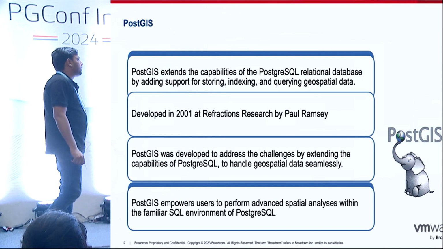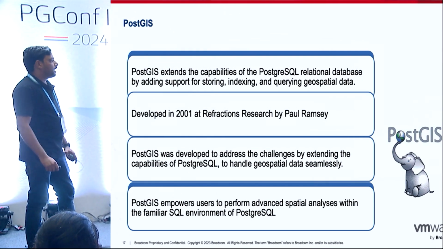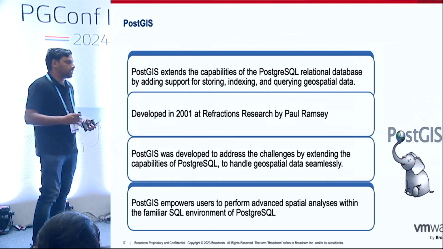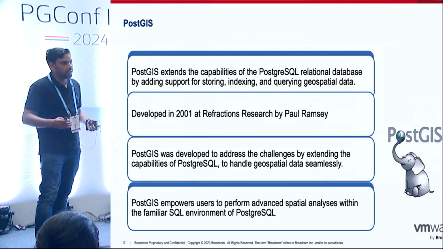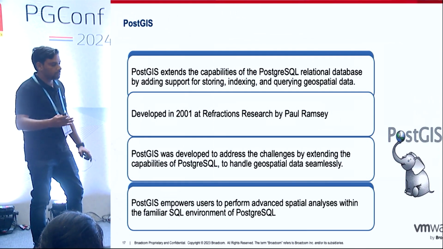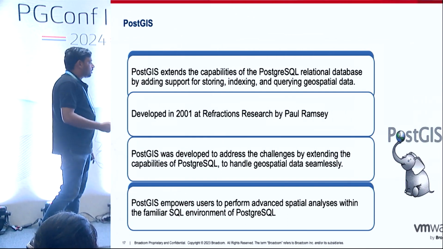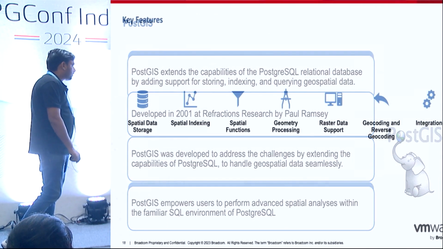It was developed in 2001 at Refractions Research by Paul Ramsey. It is an extension which we can use in a similar fashion, with the same SQL queries which we use in PostgreSQL, so it is on the same line as PostgreSQL.